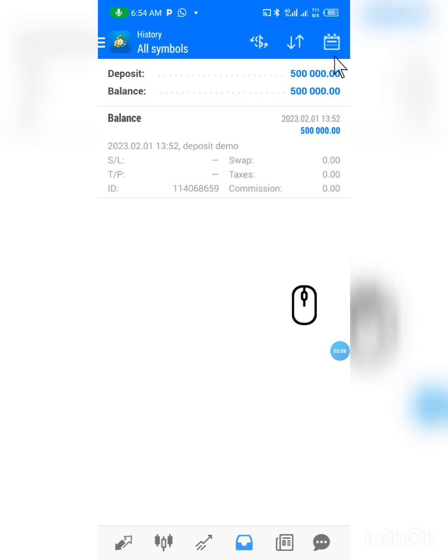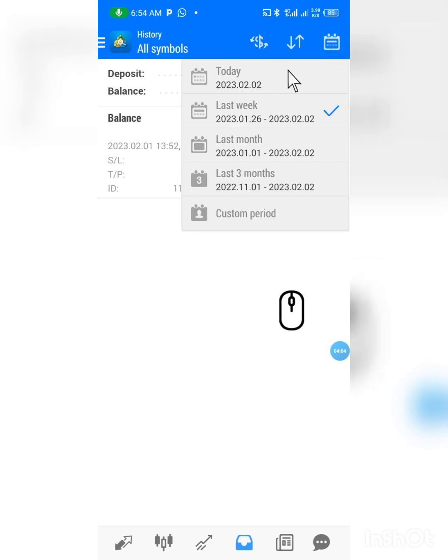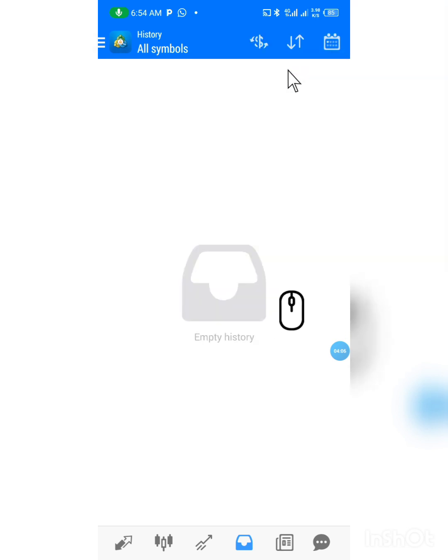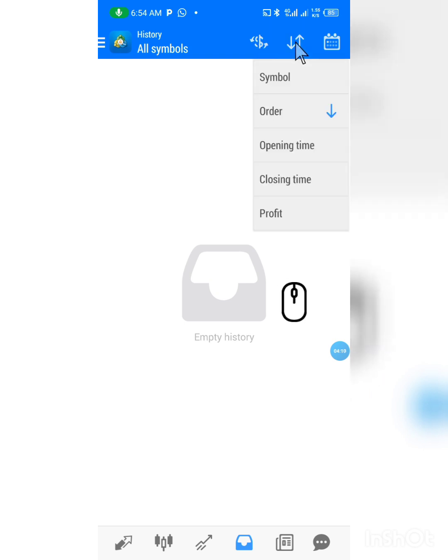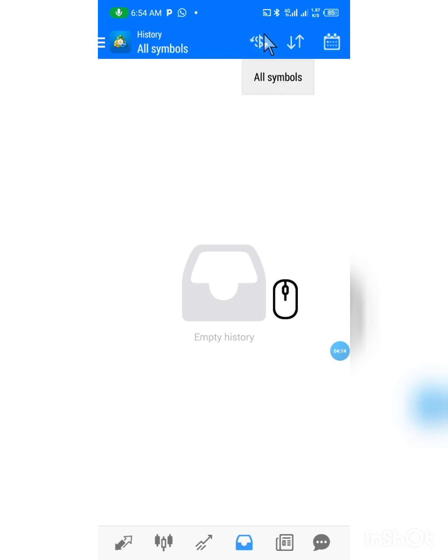So if it's on today, it's only going to show what happens for that day. Then this is for you to sort your orders. Then this is the shortcut for all the financial instruments.